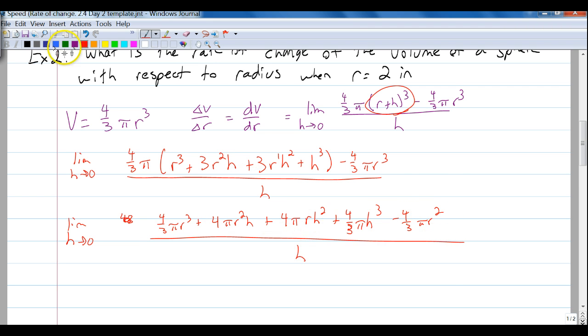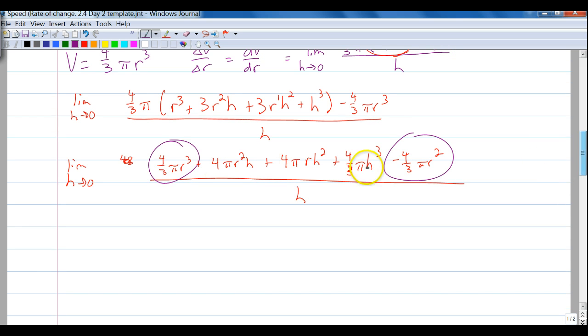So again, as with every other example with the difference quotient, the originals will cancel out and you're left with all the pieces that have h in them, and we can divide everything by h, and we get the limit as h approaches 0 of 4 pi r squared. This one has an h still, 4 pi r h, and this other one has h squared. Okay, plug 0 in, this goes away, that goes away, you're left with just 4 pi r squared.